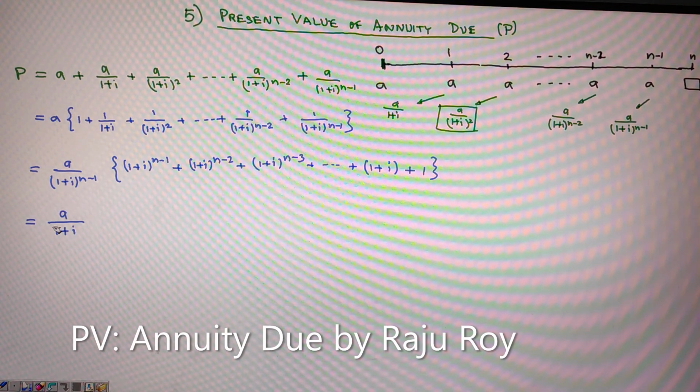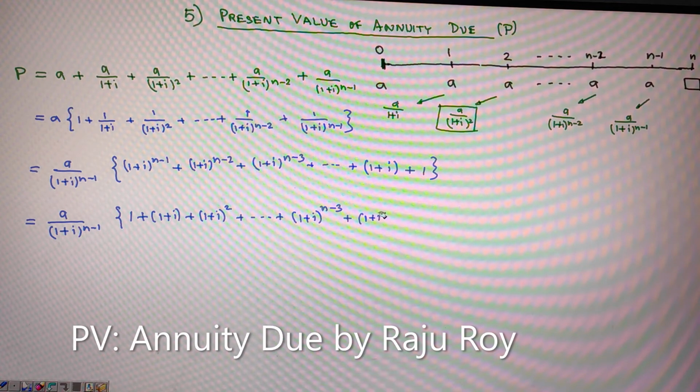I'll write it like this: 1, plus (1 plus i), plus (1 plus i) the whole square, plus and so on, plus (1 plus i) raised to the power n minus 3, plus (1 plus i) raised to the power n minus 2, plus (1 plus i) raised to the power n minus 1.